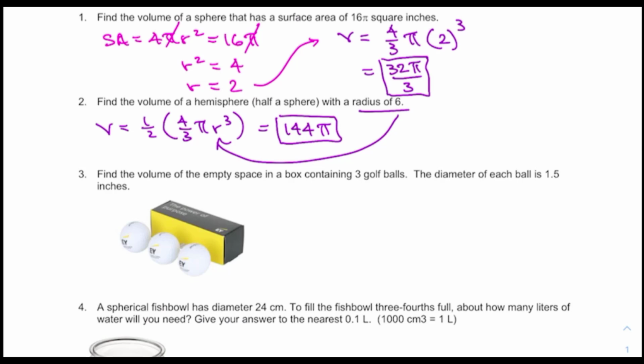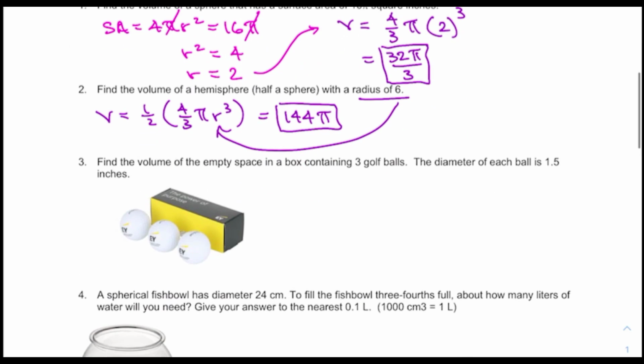The diameter of each ball is 1.5, which means that our radius is going to be half of that. So radius is equal to 0.75 inches.